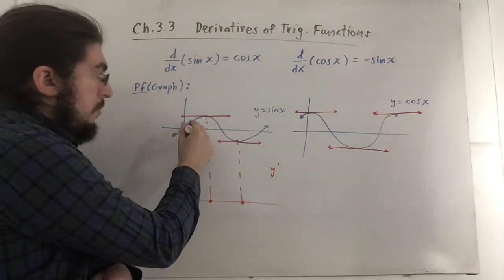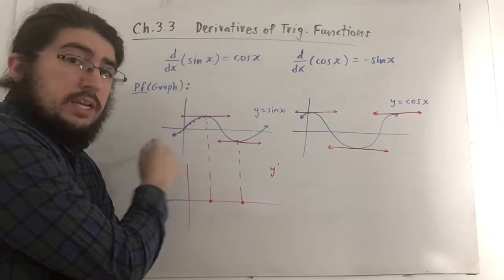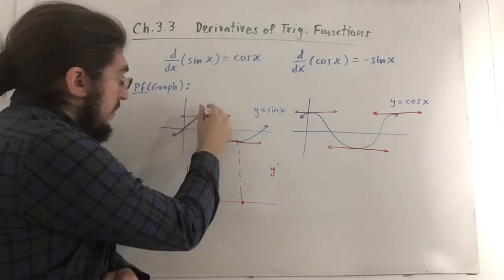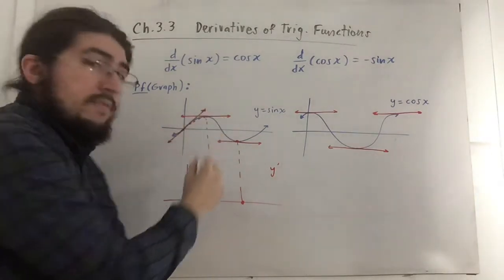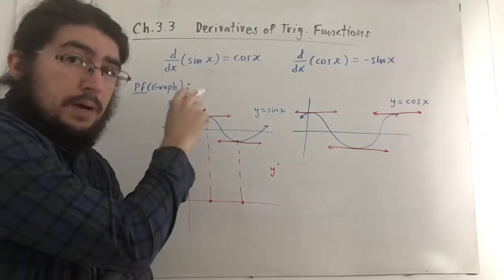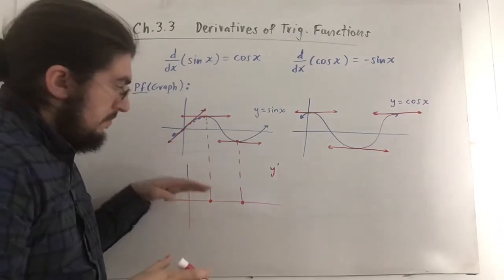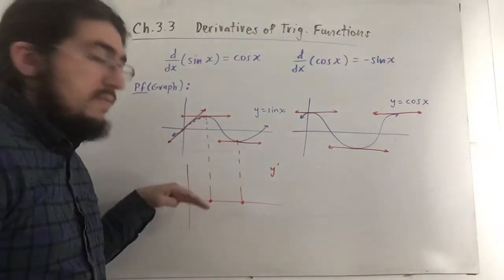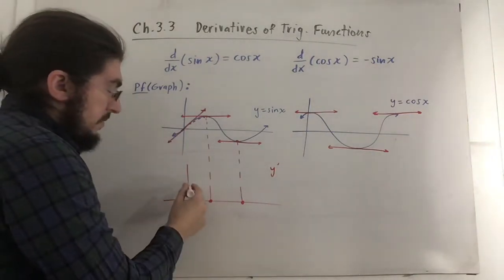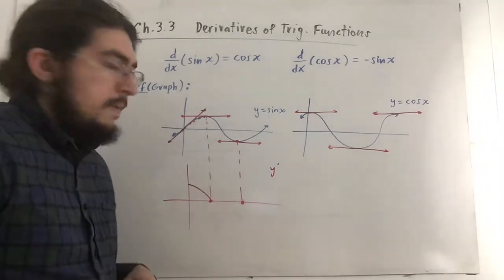If you pick any point on the function here and graph the tangent line at that point, it's a positive slope. So it goes up, meaning that the y prime value is going to be above the x-axis. So it's going to be positive, something like this.